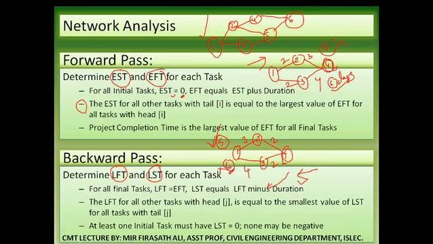Instead, we select the smallest value of LST. The latest finish time will be 5 days over here. At least one initial task must have LST equal to 0, none may be negative.